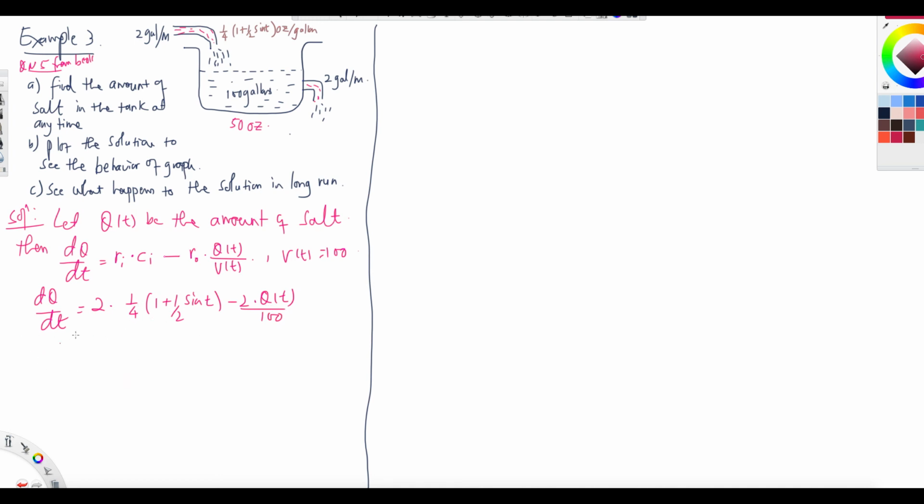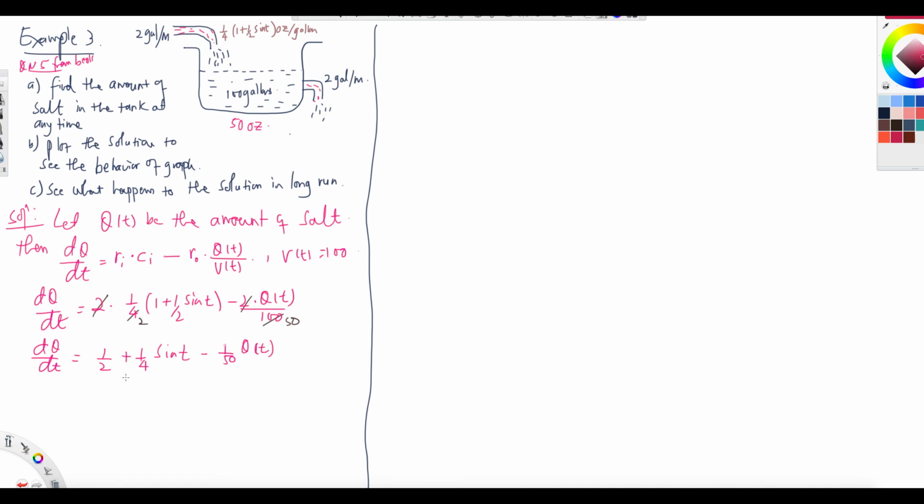So if you simplify this, what do you get? Let me simplify that. 2 divided by that, so this will be 50, and this will be 2. You get dQ/dt equals 1/2 left, right? So 1/2 times 1 is 1/2, plus 1/4 sine t, minus 1/50 Q(t).